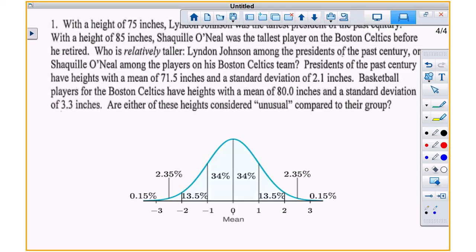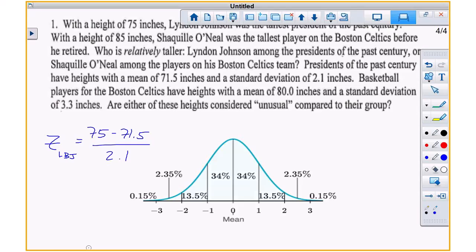Anyway, Z for LBJ is equal to, what is his height? 75 inches. Minus, what's the average for presidents? 71.5. Over the standard deviation of 2.1.